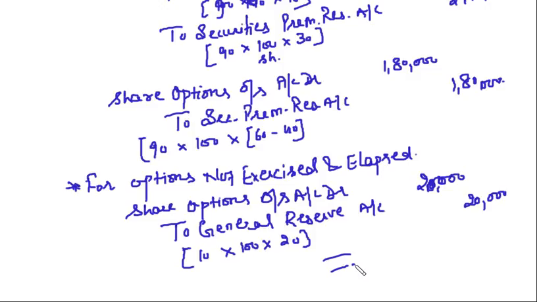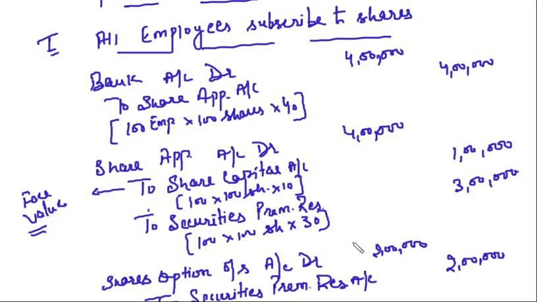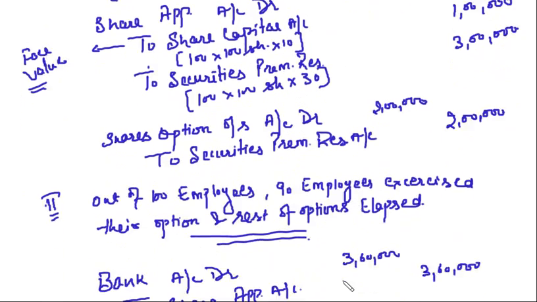Clear? And we have discussed all the journal entries. Right? There are two cases. Case 1 is where all the employees subscribe to shares, and case 2 is where all the employees do not subscribe to the shares, only part of the employees subscribe to the option. Right?